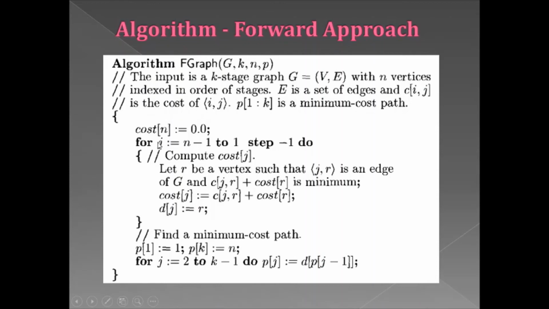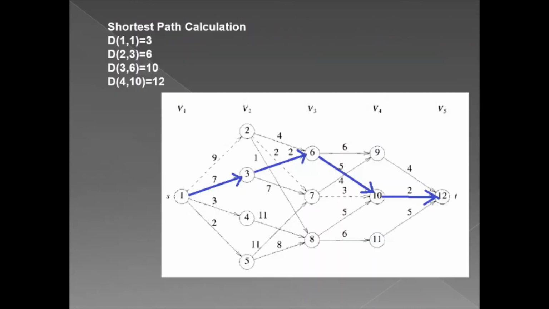Here first, cost of n, the cost of the last node, we are going to consider as 0. Next we have to traverse all the previous stages. So we consider the cost of this node as 0, and then we have to calculate the cost of all the nodes of previous stages.